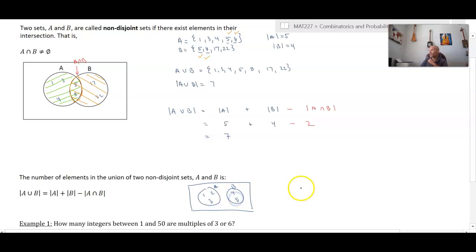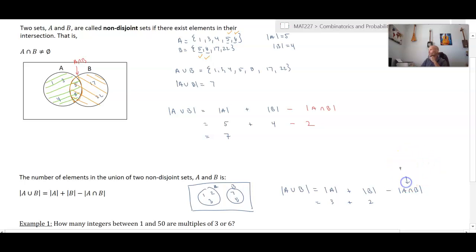And if now what we wanted to do was to compute the number of elements in A union B, and we applied the non-disjoint formula, things would still work out because we would add the number of elements in A, which is 3, the number of elements in B, which is 2, but we see that they don't overlap.